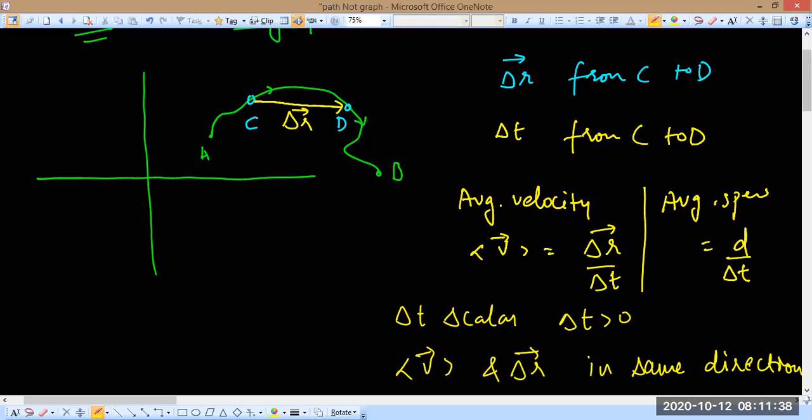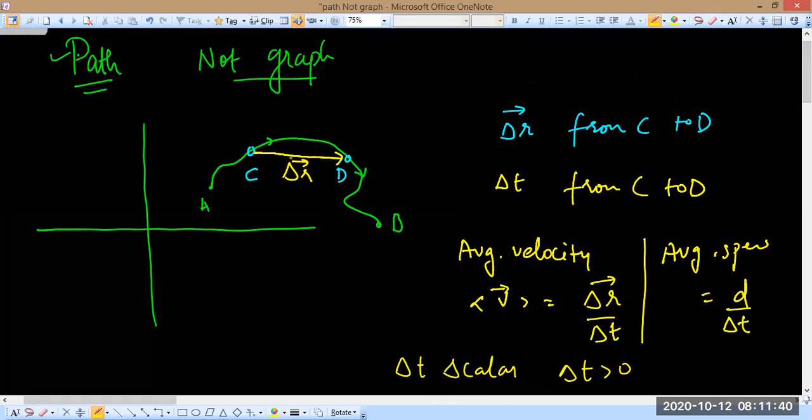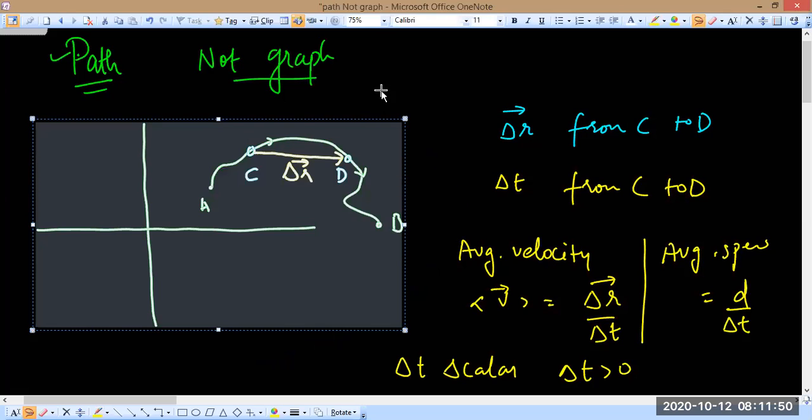Okay, so now if you take this a little bit further, we consider this diagram and subject it to a little bit of mathematics. Let's see what's going to happen.